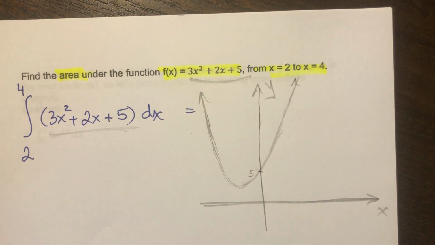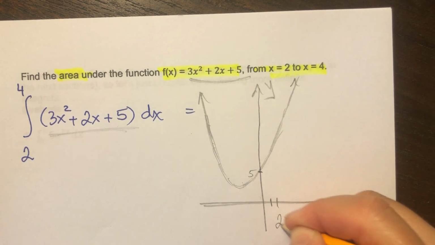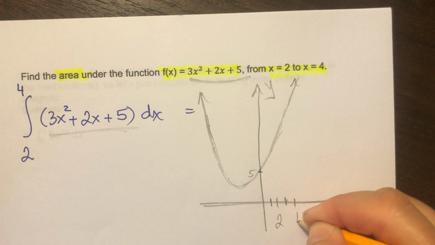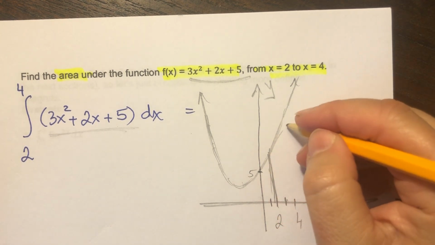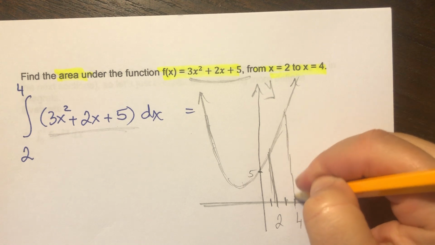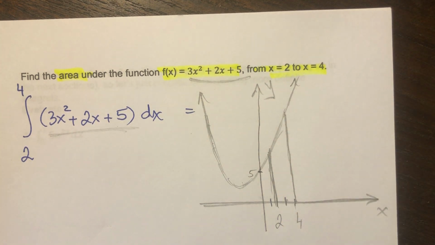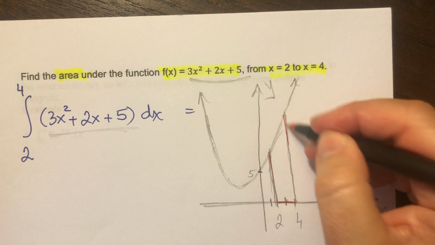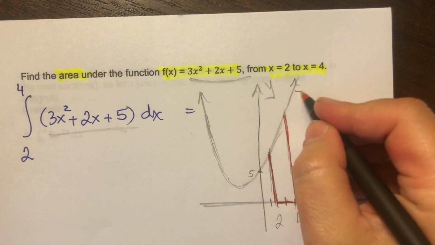Okay, so what we want is we want to find the area between 2 and 4 under this curve. So this would be it. The area from 2 to 4 under this function f of x.